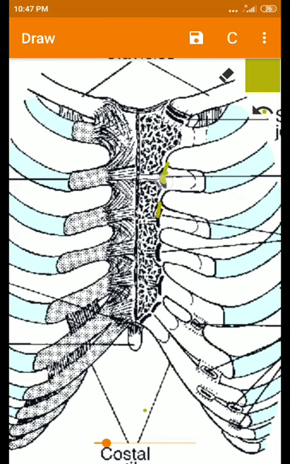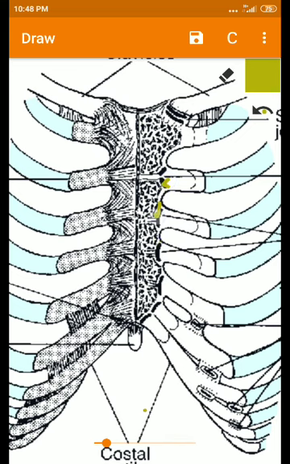In that angle, the cartilage is articulating. So because of that splitting angle, the joint cavity is divided into two.